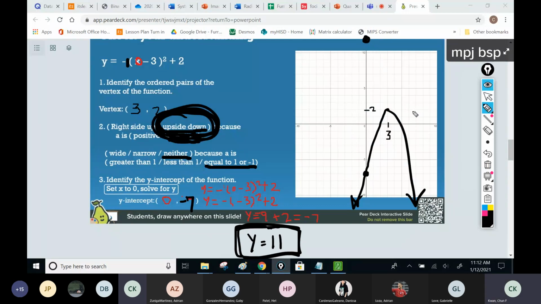The graph has to be upside down because of the negative. You can't have the y-intercept up here. It doesn't make sense. So if the graph is upside down, the y-intercept has to be down here, not up there. If it's up there, the graph is going to be right side up.